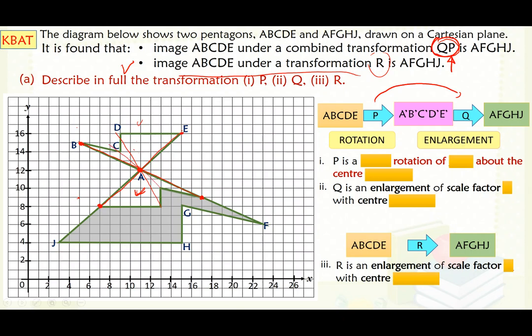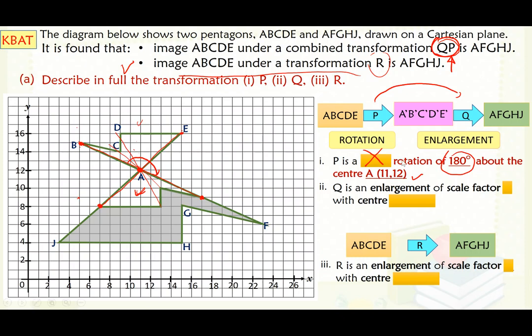So this is a rotation of 180 degrees, centre at 11 and 12. In a rotation of 180 degrees, we do not need to write anticlockwise or clockwise, because for 180 degrees anticlockwise and clockwise are the same.